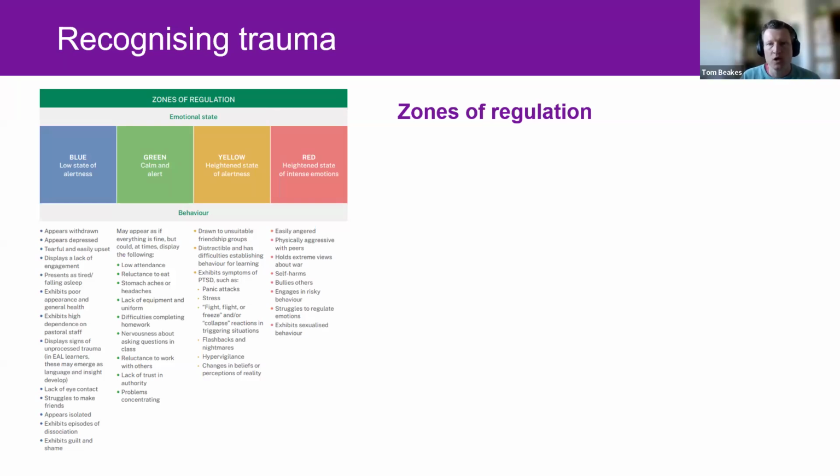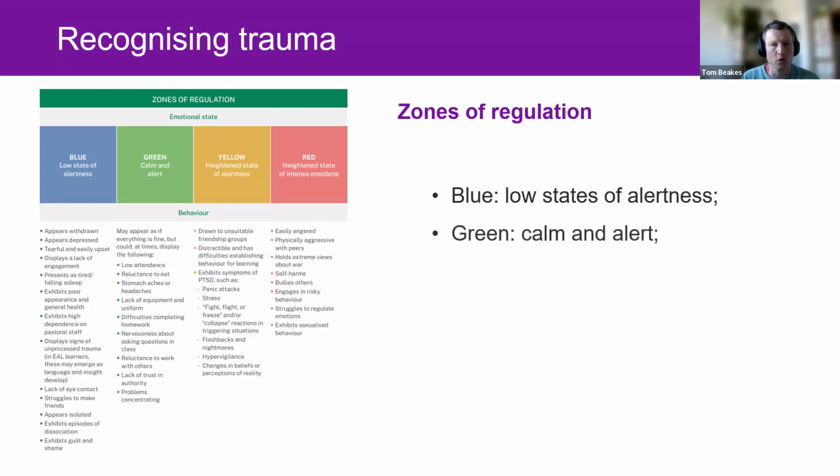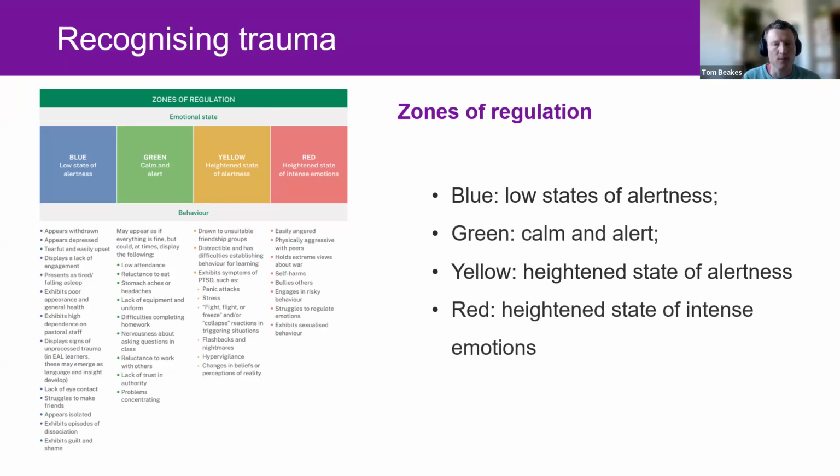So there's a zones of regulation chart, and really all that does is it allows you to recognize and record where learners are on this spectrum of regulation, if you like, going from blue, green, yellow, and red, and within each category it lists the type of behaviors or things you might see from students who've experienced trauma.